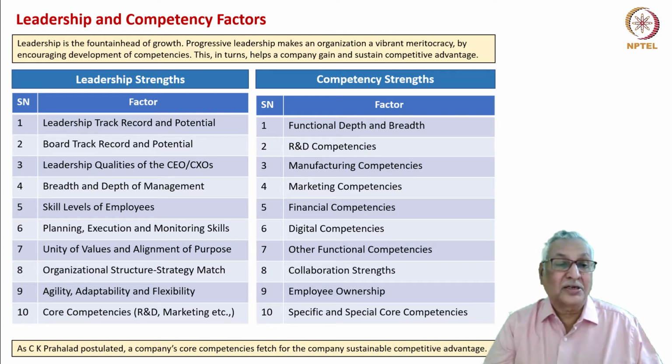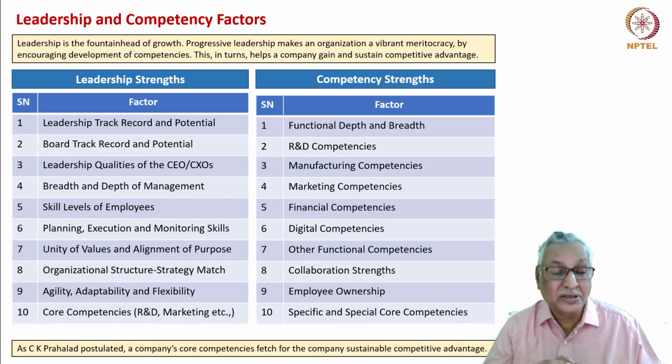The managing director is usually a part of the board. But apart from the managing director, the entire CXO team, that is Chief Commercial Officer, Chief Operating Officer, Chief Scientific Officer, and so on, constitute the total leadership team, and their track record and potential are extremely important.